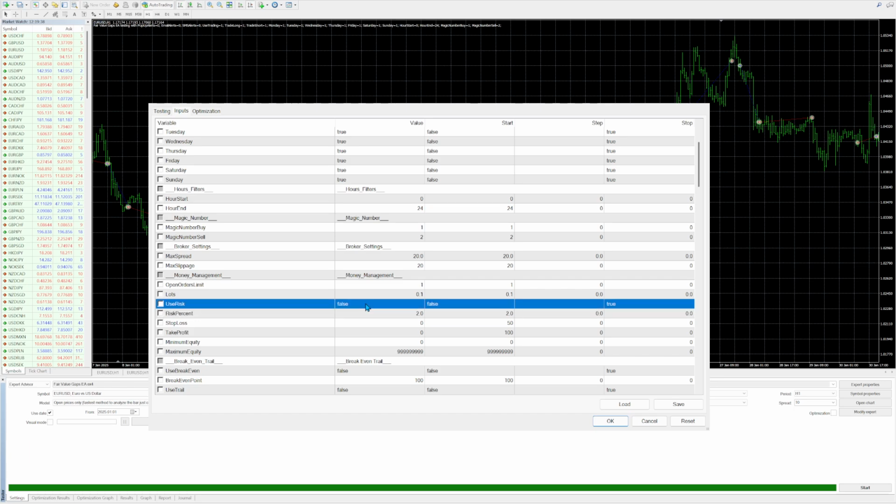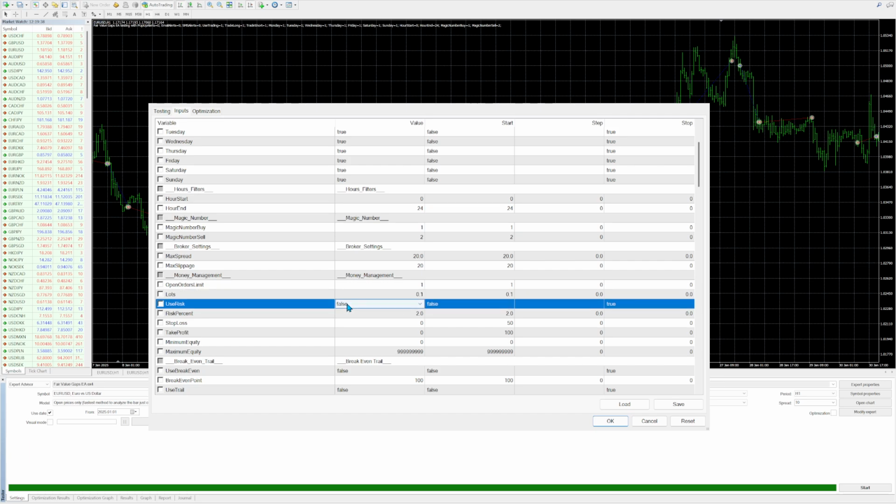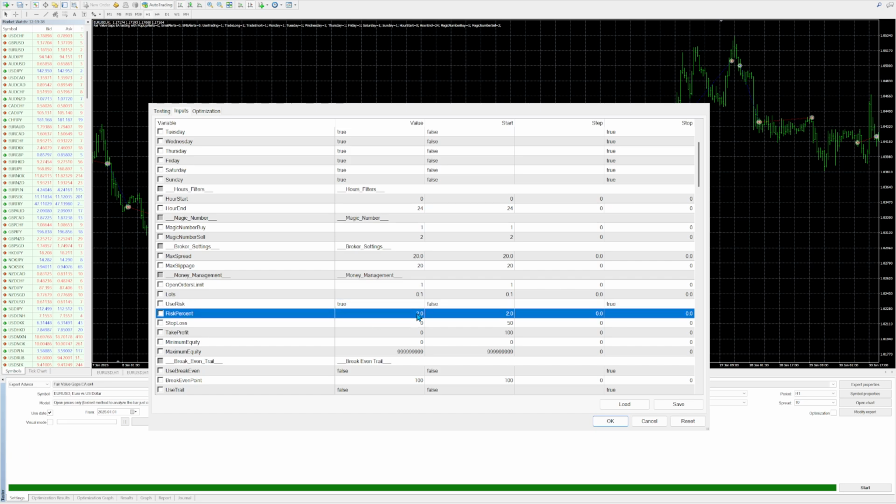So if you have user risk set to false, this setting here, the EA will look at the lots field and that will be your position size. On the other hand, if you have user risk set to true, the EA will use the risk percent here, okay, to calculate the position size, so 2% of the account equity in this instance.